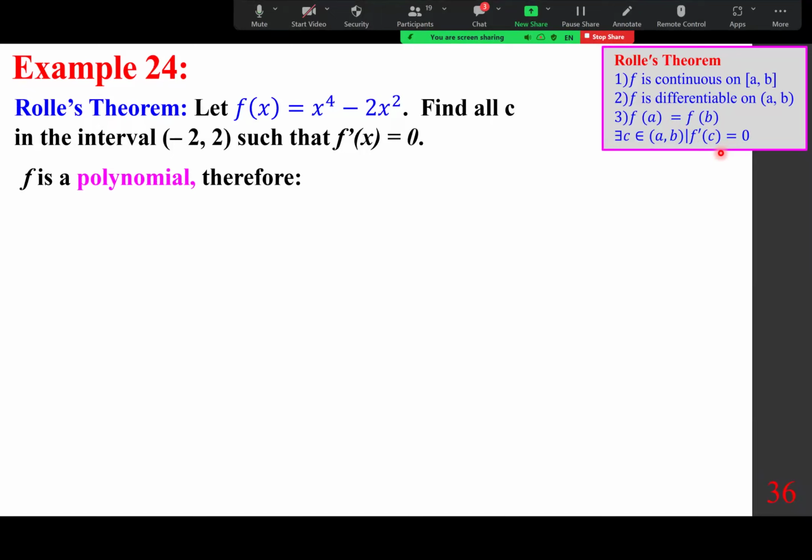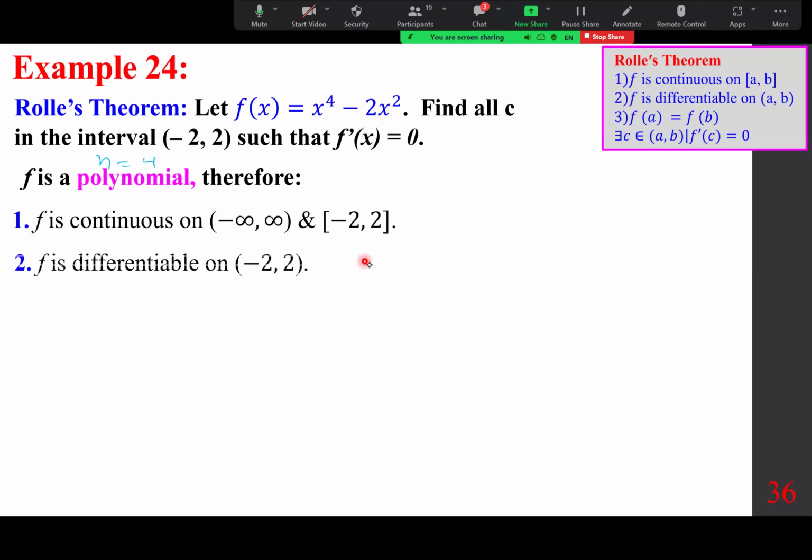f is a polynomial of degree 4, everybody. Therefore, it's continuous and differentiable from negative to positive infinity. So if it's continuous from negative to positive infinity, it makes it continuous in any closed interval, including negative 2 to 2.